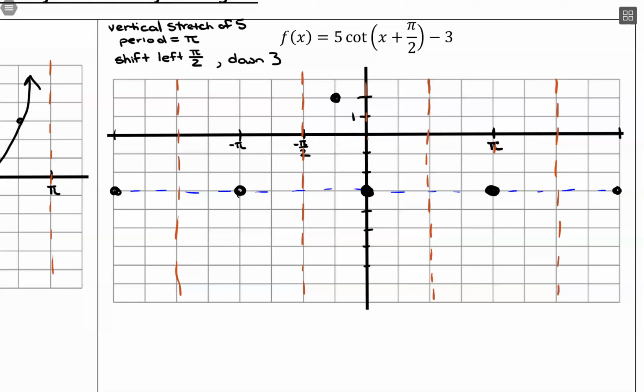And I'll be up there. And then similarly, where I'd have that -1, instead of this distance of -1, we're going to stretch that by 5. So 1, 2, 3, 4, 5. And then we'll have that for each of these intervals. And then we'll just graph them.